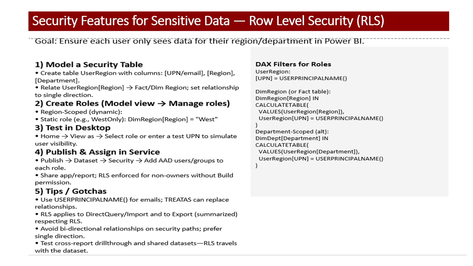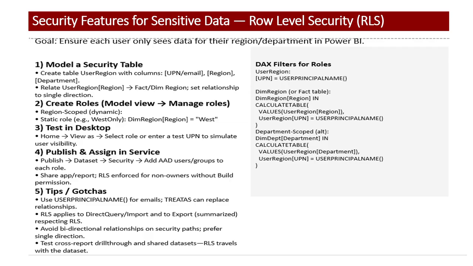Focus on the state and relationship to create a roles model and view this as select. Then is the test in desktop.